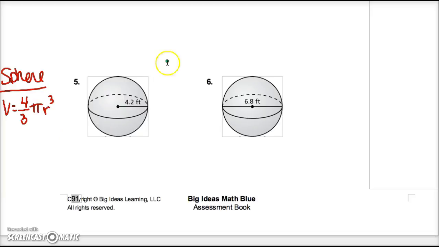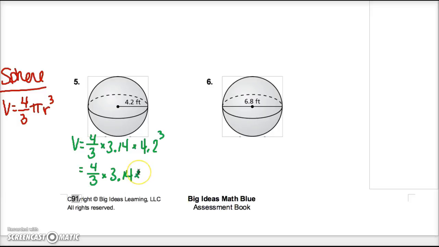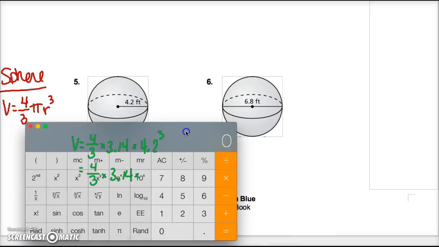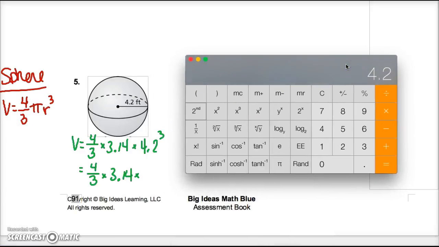On number 5, we're going to take 4/3 times pi, which is 3.14, times the radius, which is 4.2, cubed. I'm going to use my calculator to figure out what 4.2 cubed is: 4.2 times 4.2 times 4.2. You get 74.088.